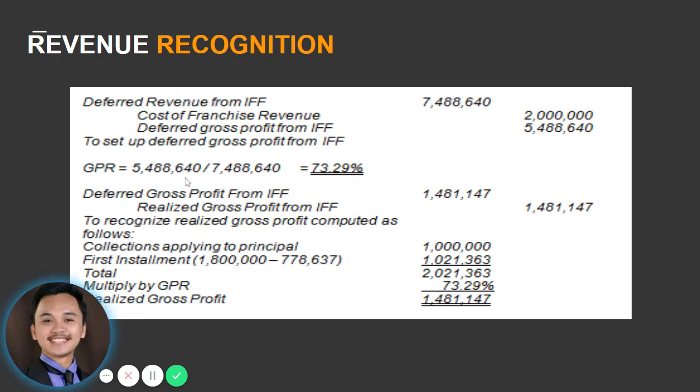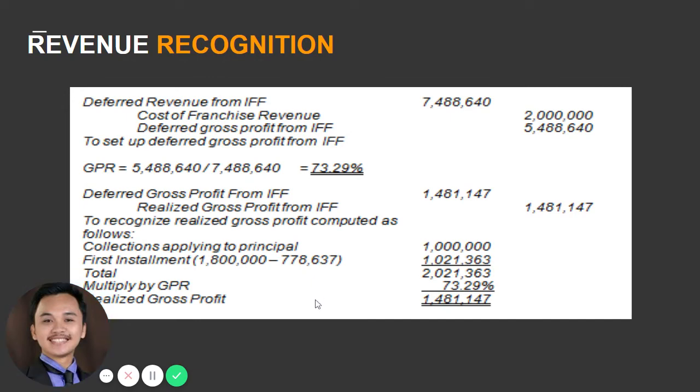But this time, how much is the gross profit rate, guys? We have total gross profit of 5,488,640 divided by our total new value of the initial franchise fee revenue of 7,488,640, or in short, a gross profit rate of 73.29%.